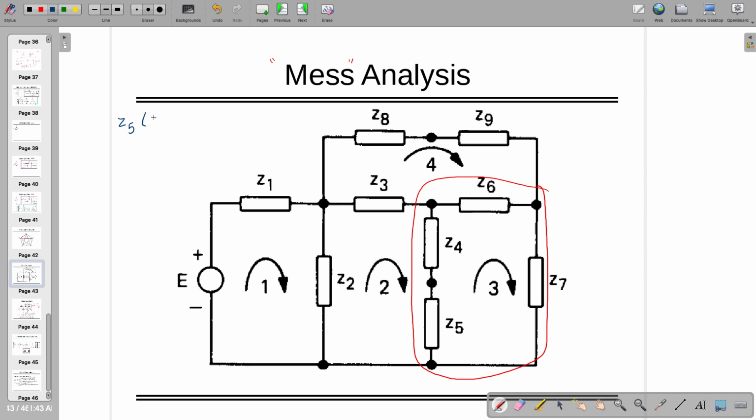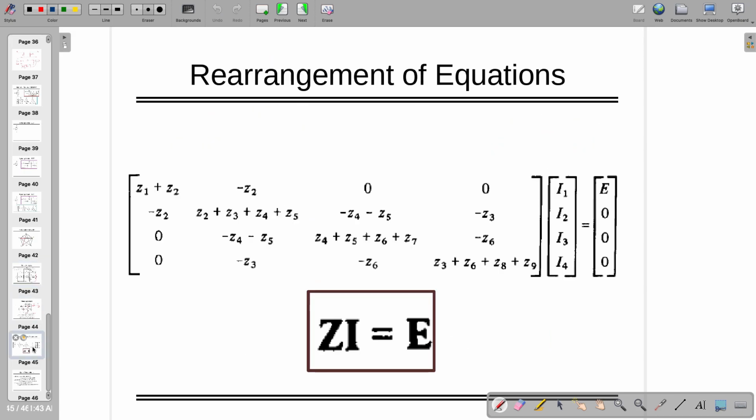Z5 (I3 minus I2) plus Z4 (I3 minus I2) plus Z6 I3 plus Z7 I3 equal to 0, right? So by these equations you can write down a matrix.